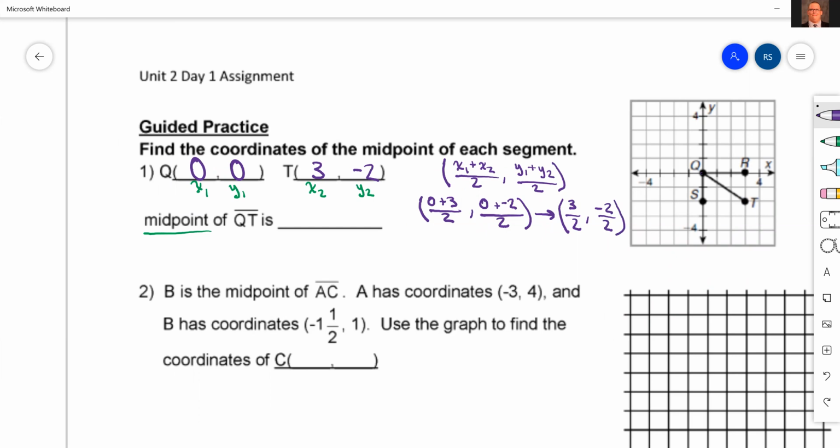Now I need to see if I can reduce anything. Does 3 over 2 reduce? No. So 3 over 2. What about negative 2 over 2? Yes, it reduces to negative 1. So there's our midpoint. It's going to be 3 over 2 and negative 1.